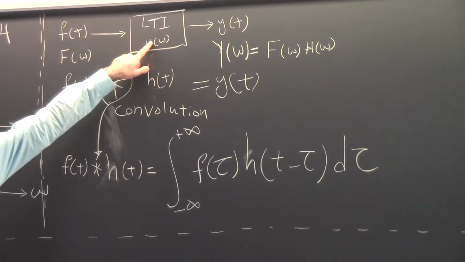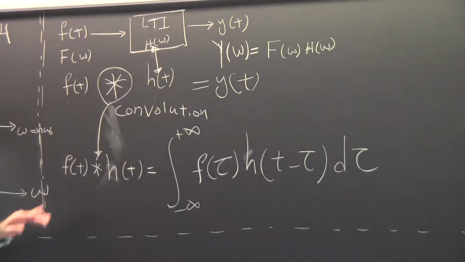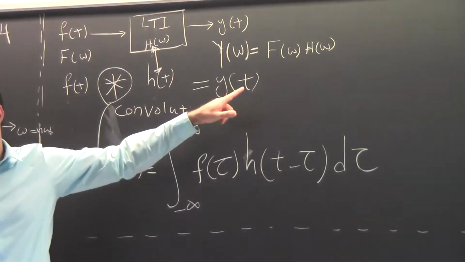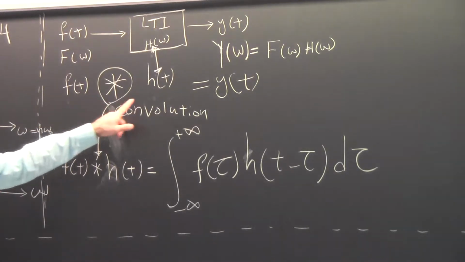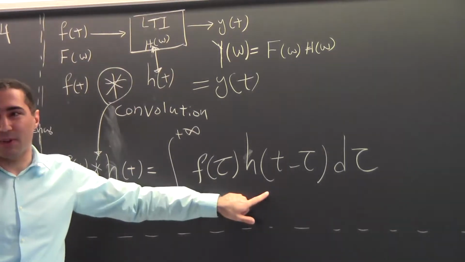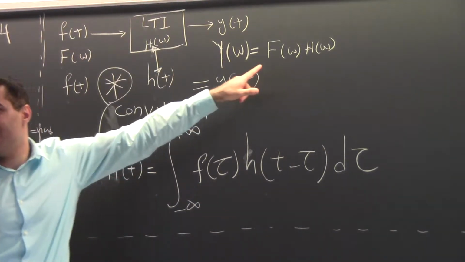This h(t) is the Fourier pair of this H(omega). Yes, it's a pair. So you can do it in the Fourier domain or in the time domain, depending on you. You have two choices, you can pick. Sometimes this is very difficult to perform because you need this integration, and this integration is difficult to do. But in the frequency domain, it's very easy.